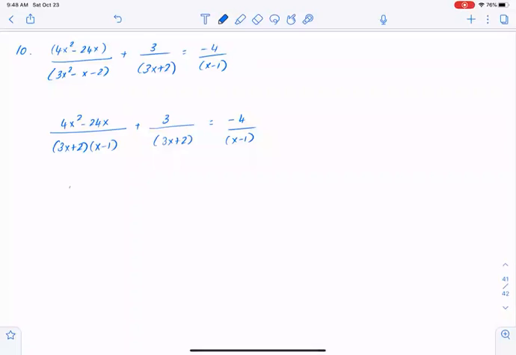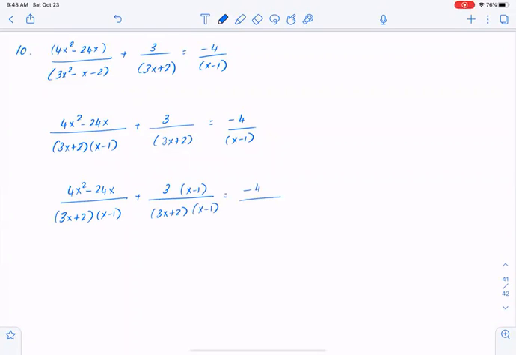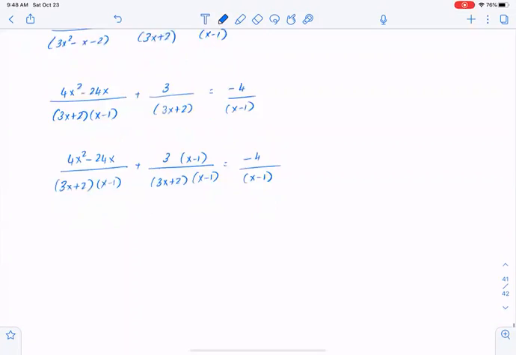So the common denominator will be 3x plus 2 times x minus 1. So I'm going to multiply and divide the second fraction by x minus 1.